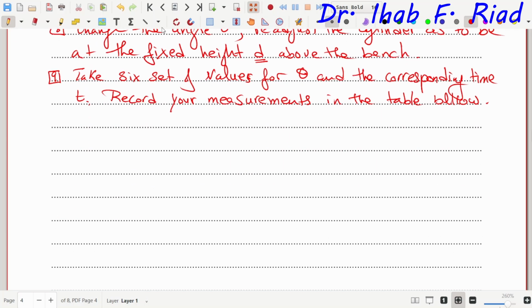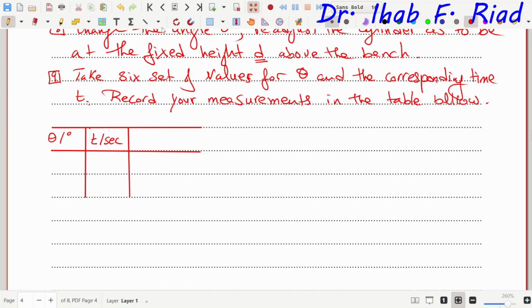Then we are going to have this table. We know that we are going to vary the angle theta. It is in degrees. We are measuring the time t in seconds.